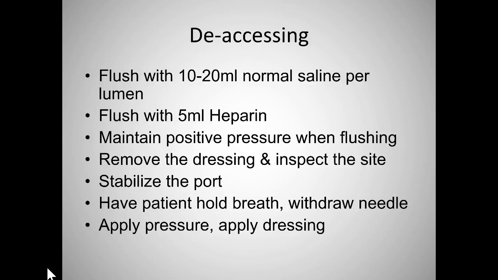You want to flush with 5 mLs of that 100 units per mL of heparin, so 500 units of heparin. You want to maintain positive pressure when flushing, remove the dressing and inspect the site, stabilize the port, have the patient hold their breath while withdrawing the needle, then apply pressure and then apply a dressing.